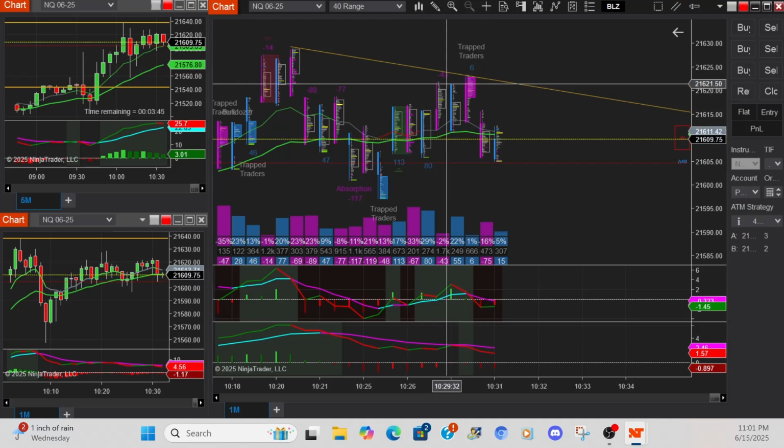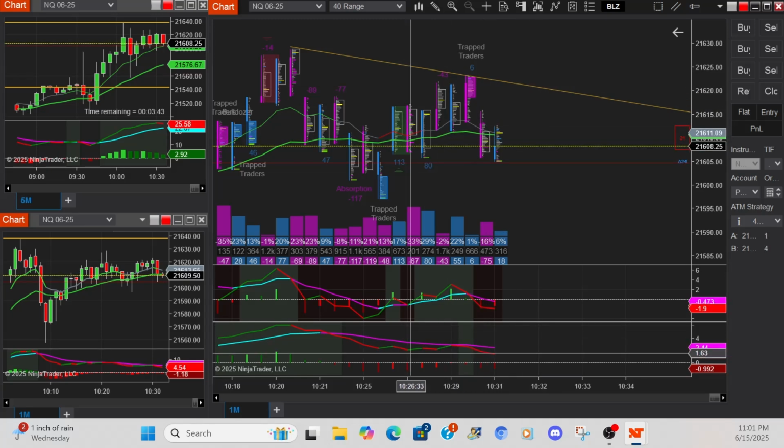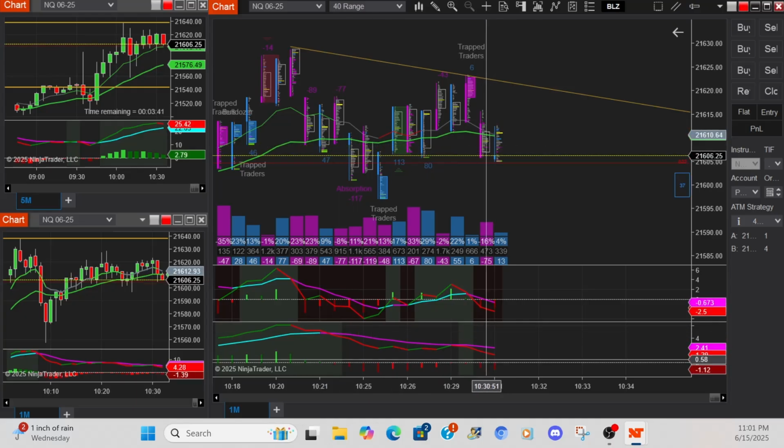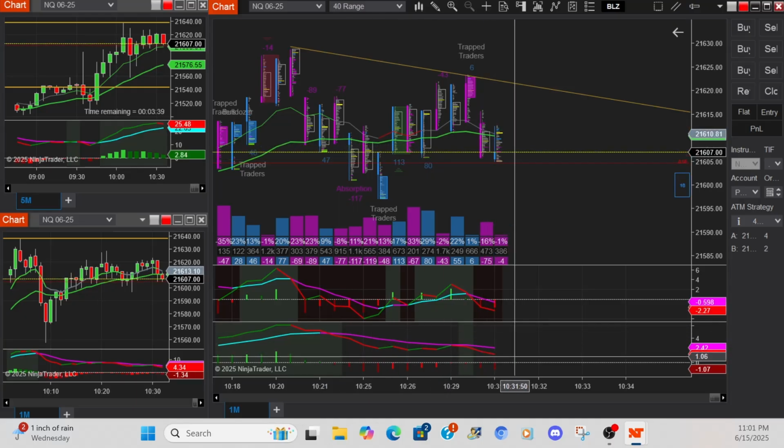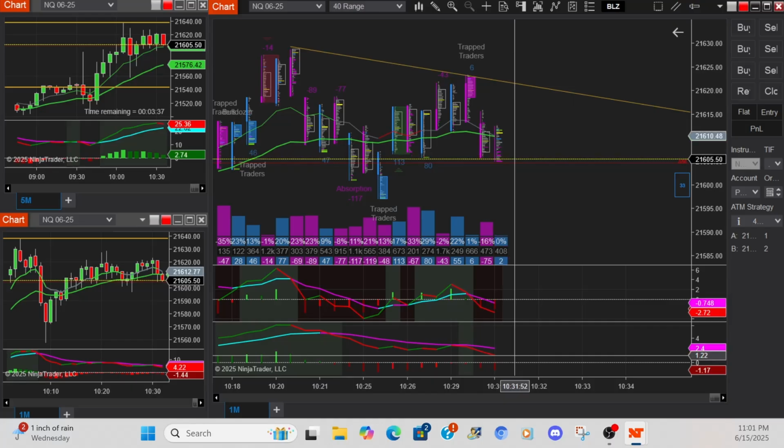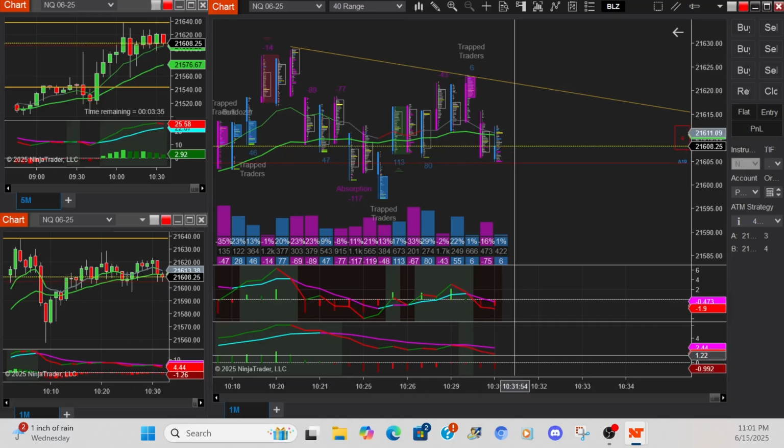Okay? Right now, we're still on the pullback because we're above the zero line. So it's just a pullback. On the 5 minute, we are way above the zero line with the MACD.